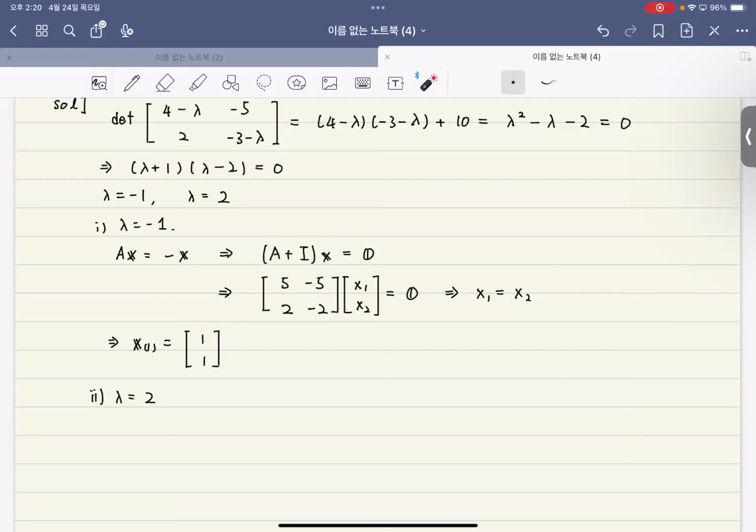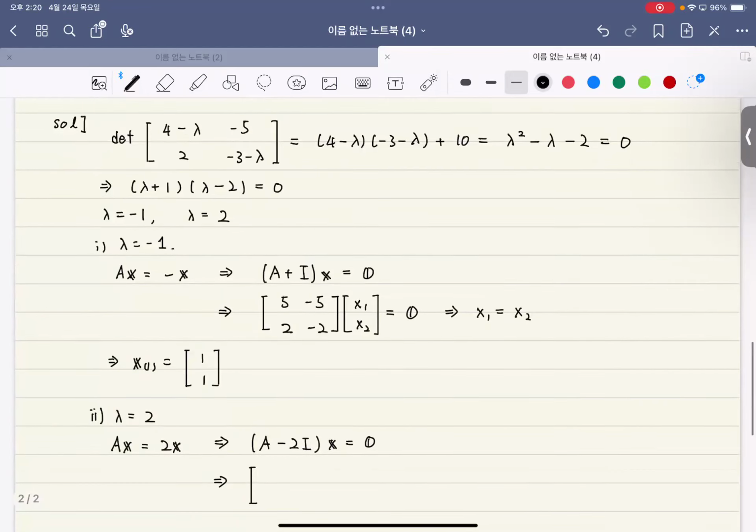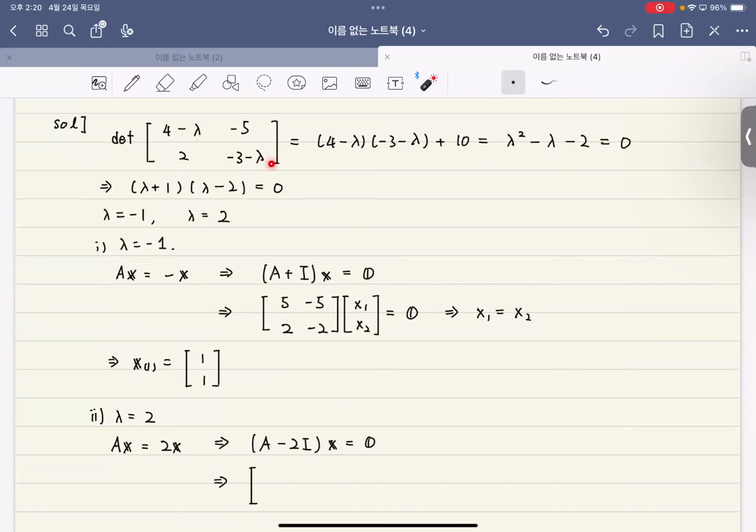So now let me turn to eigenvalue positive 2. Then AX is 2 times X. So A minus 2 times I times X is the zero vector. Basically, I'm plugging in lambda equals 2 here and there.